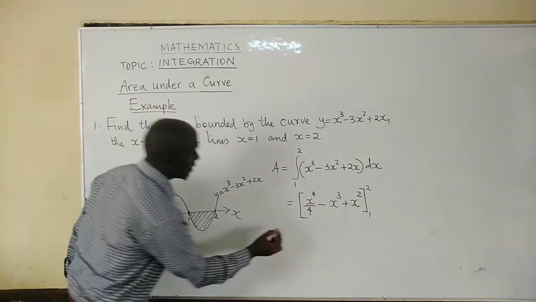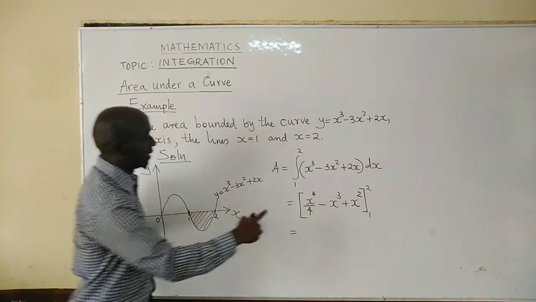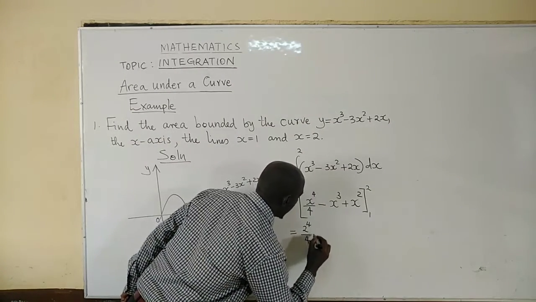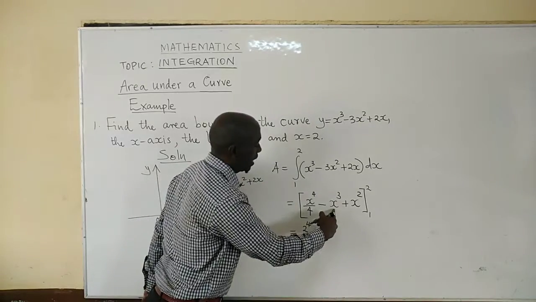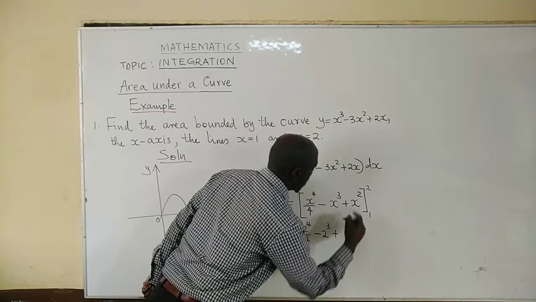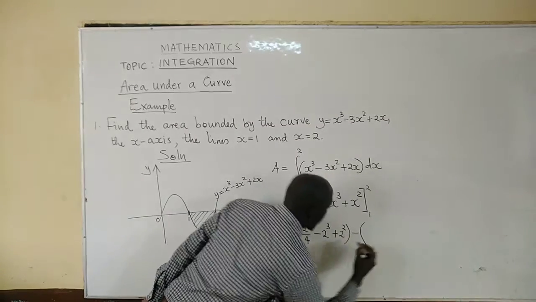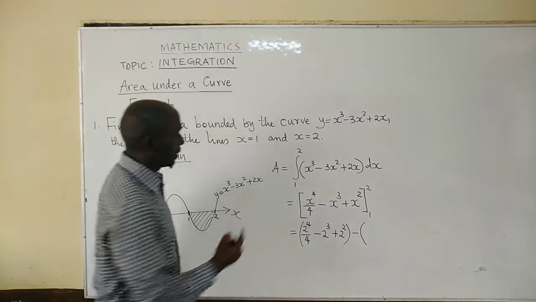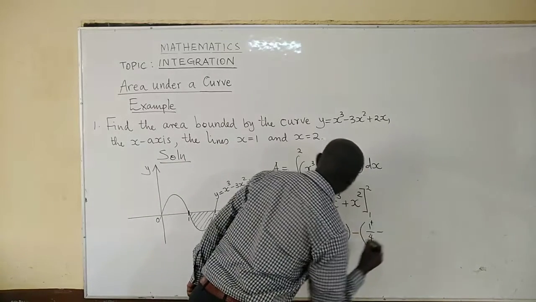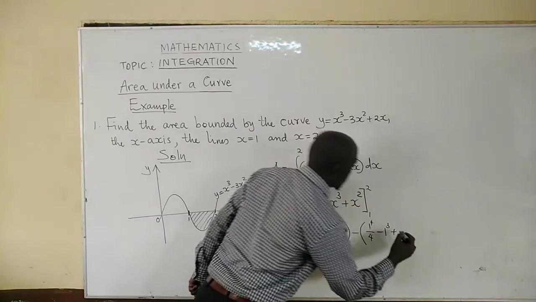The next step, my dear learner, you substitute the upper limit. You will have 2 power 4 over 4 minus 2 cubed plus 2 squared. Put that in the first bracket, then minus, now substitute the lower limit. We will have 1 power 4 over 4 minus 1 power 3 plus 1 squared.